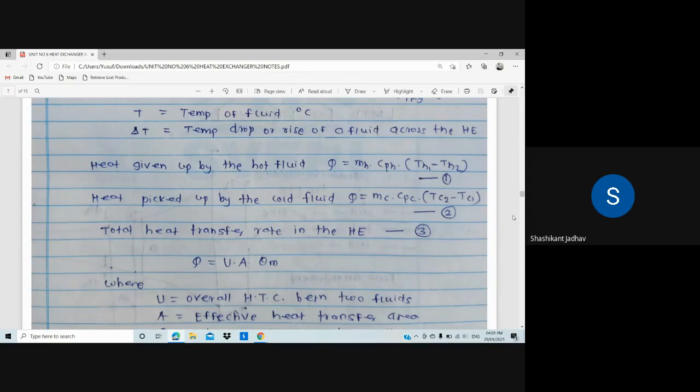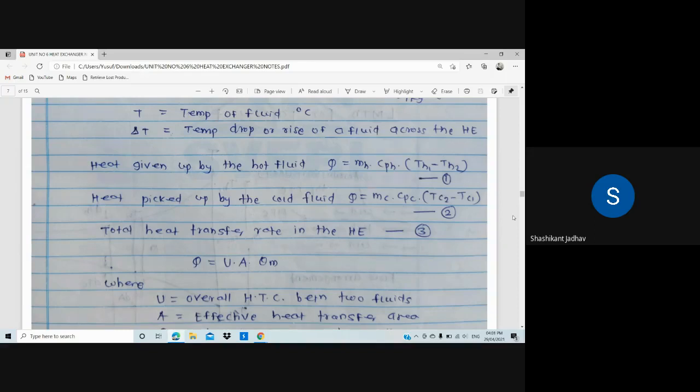Now we have to write down the equation for the overall heat exchanger. For that we have to consider the overall heat transfer coefficient, and we have to consider the temperature difference, and that temperature difference is nothing but LMTD, log mean temperature difference.